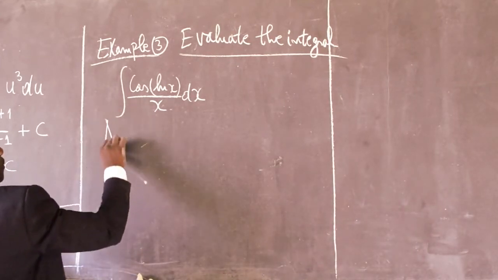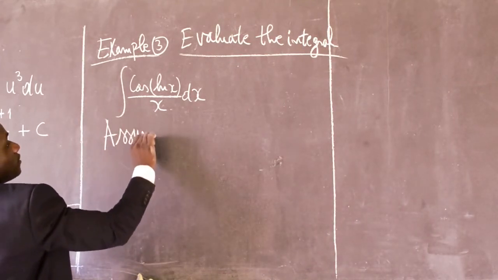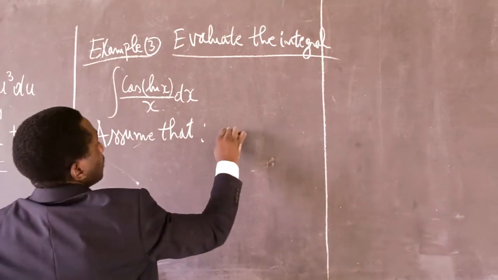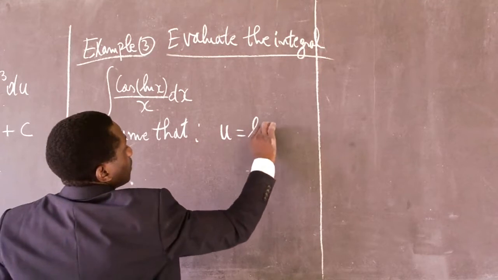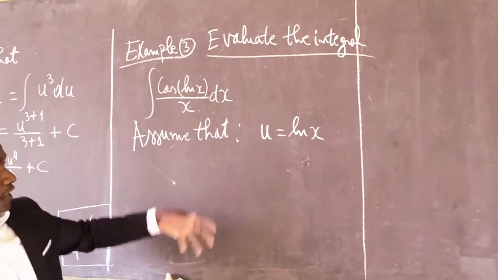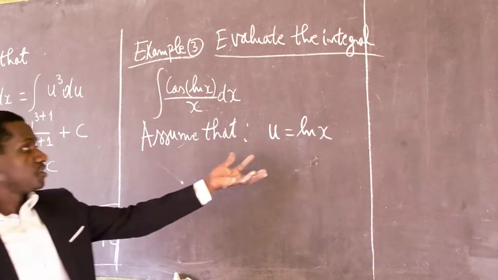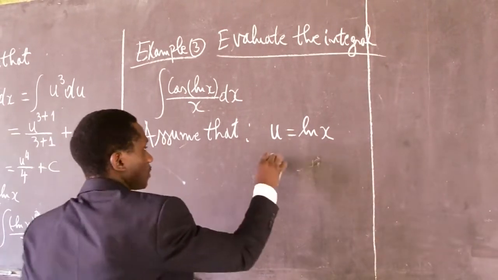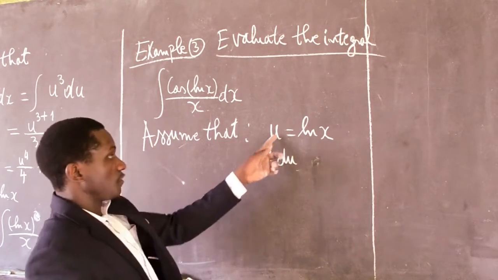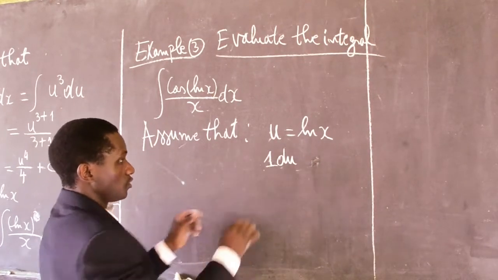So, here we need to assume that u equals ln x. After assuming, we need to differentiate both sides, okay? So, we get 1 du, that is the differentiation of u with respect to u.